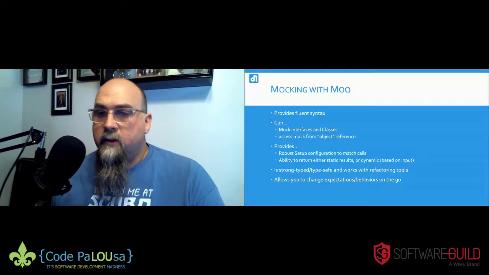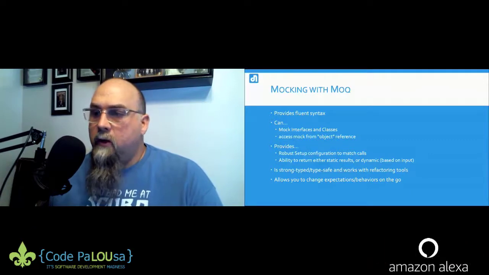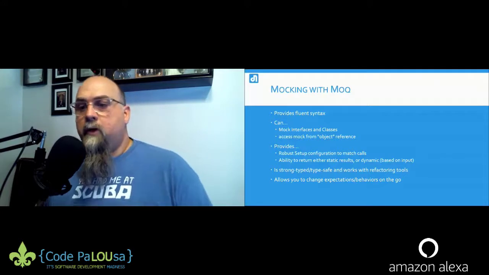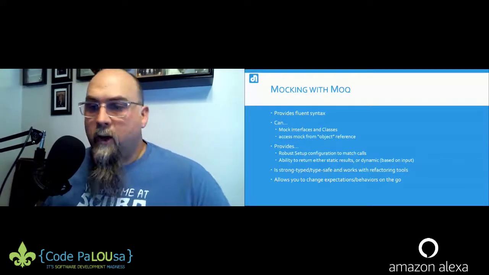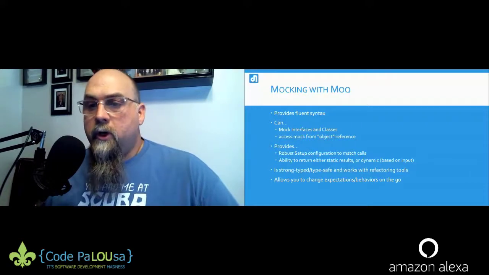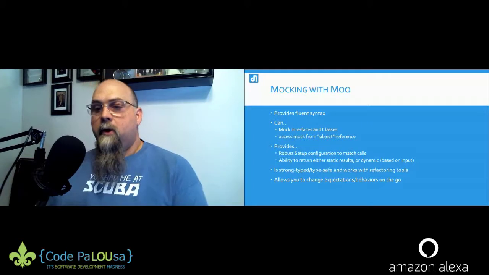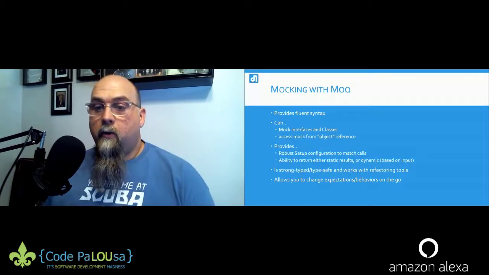It has a lot of ways to do your configuration and call matching. We'll take a look at that. And just like with the mock HTTP stuff, you can do either static responses out of your mocks or dynamic ones based on the input coming in, or dynamically static, if you want to say that.